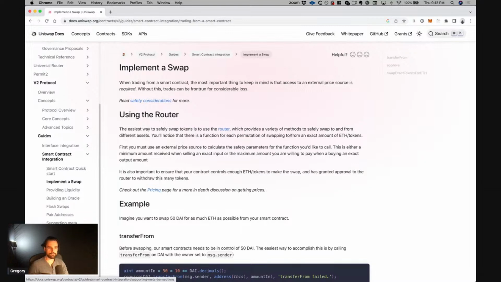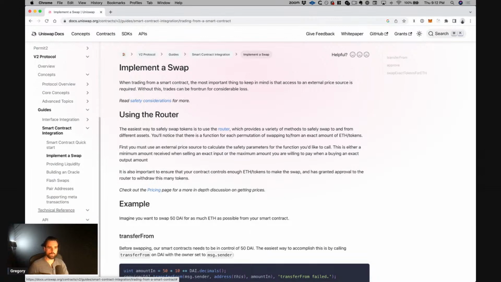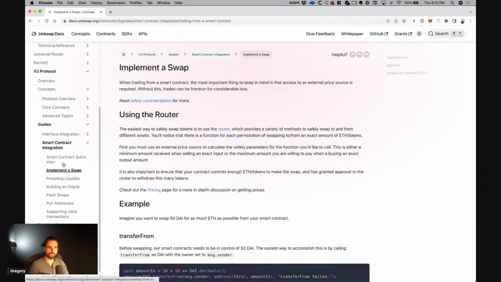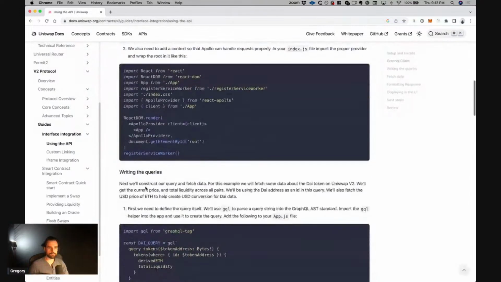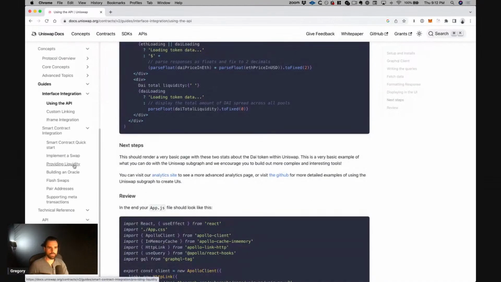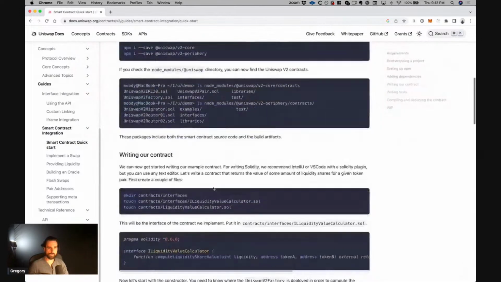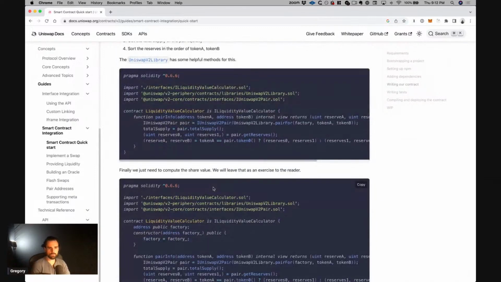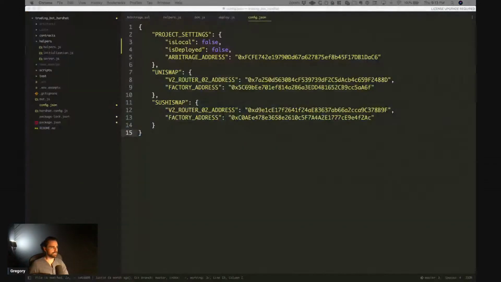You want to look at the actual documentation. I can't find the exact example, but that's how I found it initially when I first started doing this, and you'll be able to find stuff like that.